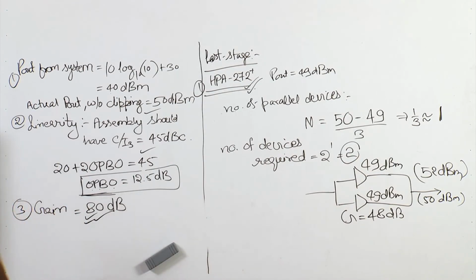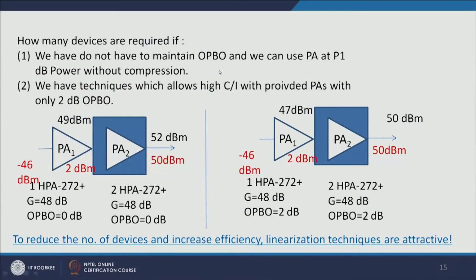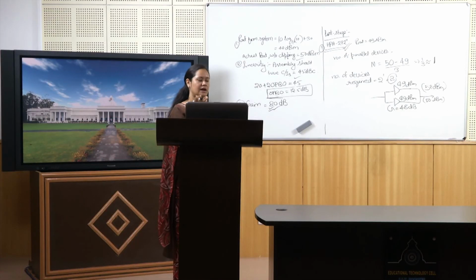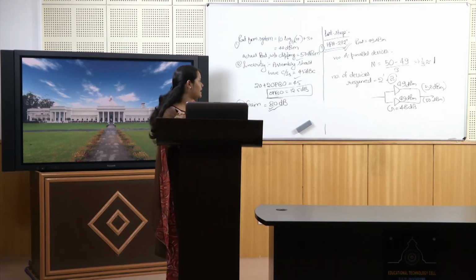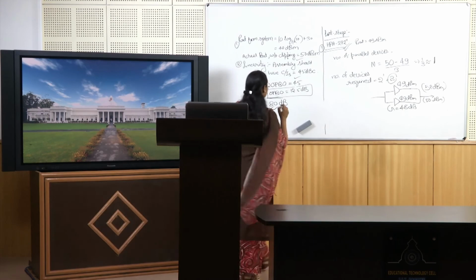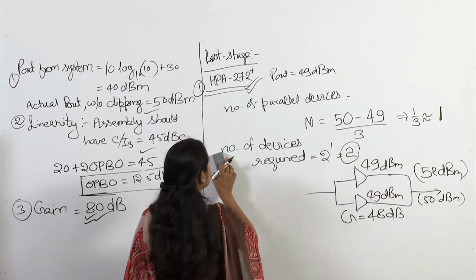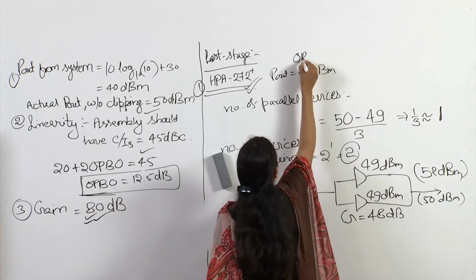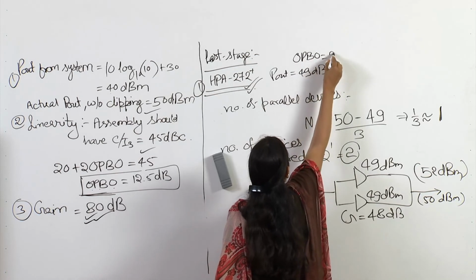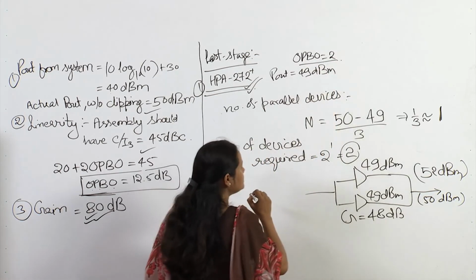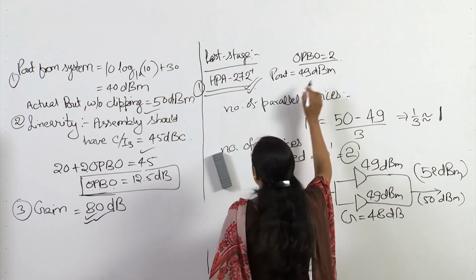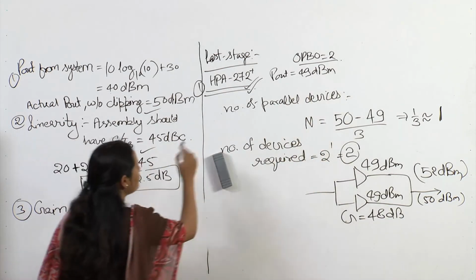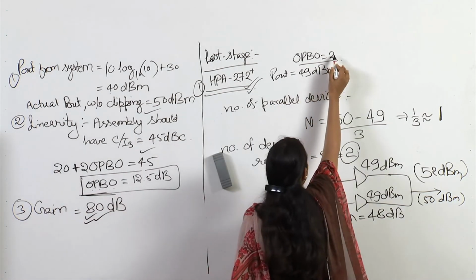Now, what will happen if we say okay, we want to have some small output power back off to drive our power amplifier in a linear range, but we want that back off to be very small. So, let us take OPBO equal to 2. What will happen in that case? OPBO equal to 2 is given in our condition. So, based on that, let us do our calculation based on this output power back off.